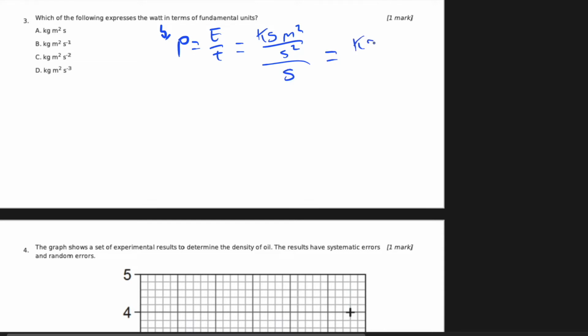So this is equal to kg times meter squared over second cubed, right? So the answer is D.